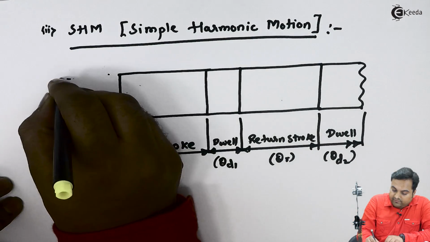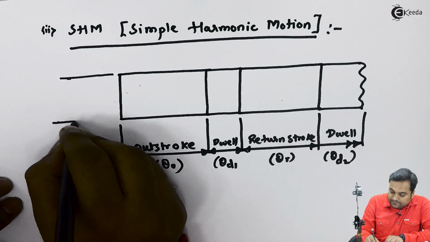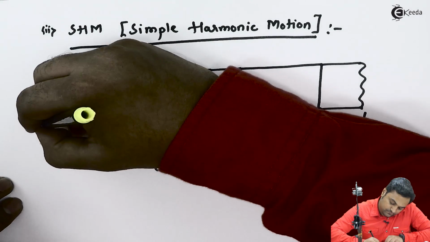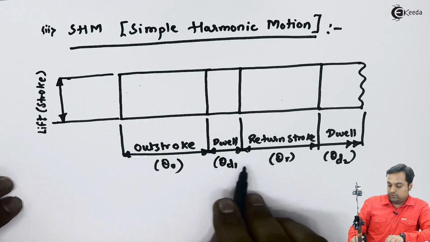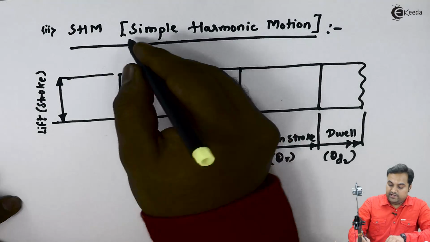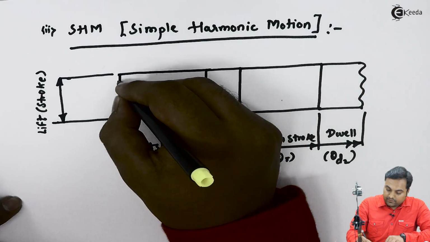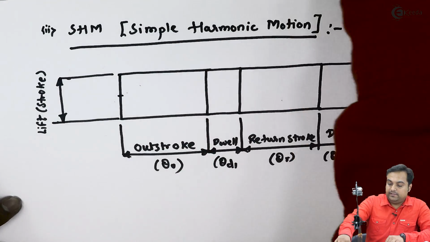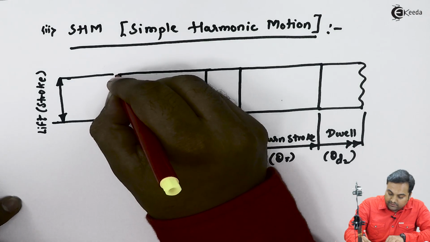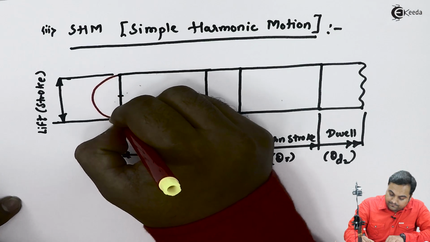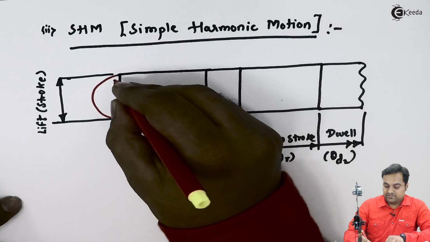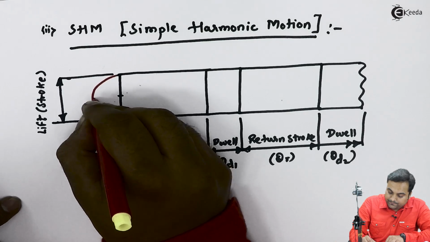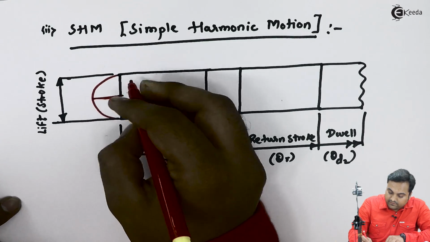So now here we have the vertical distance as the lift or stroke, and the outstroke, dwell, return stroke, and dwell have been marked. If it is simple harmonic motion, then corresponding to the stroke we take the center of the stroke and draw a semicircle here. This is done only in case of SHM. We draw a semicircle and divide it into 6 equal parts.